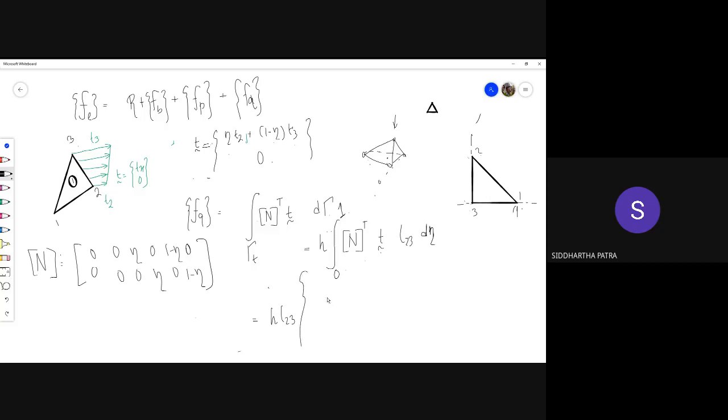And if this is the force vector, I can also see that the first two terms are 0. Then the third term is non-zero. The fourth term is 0 because it is a y component. The fifth term is non-zero, and the sixth term is 0.